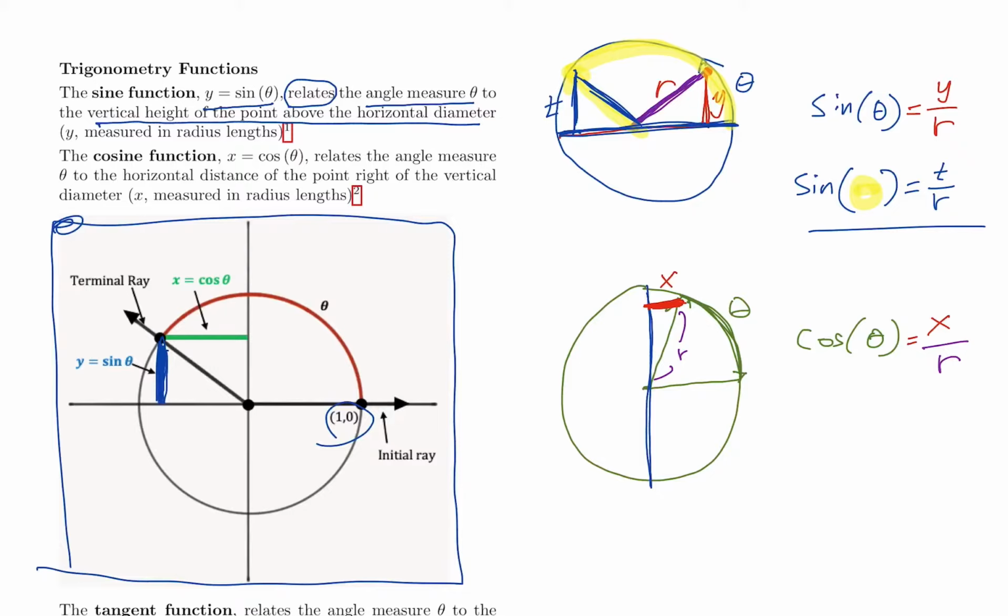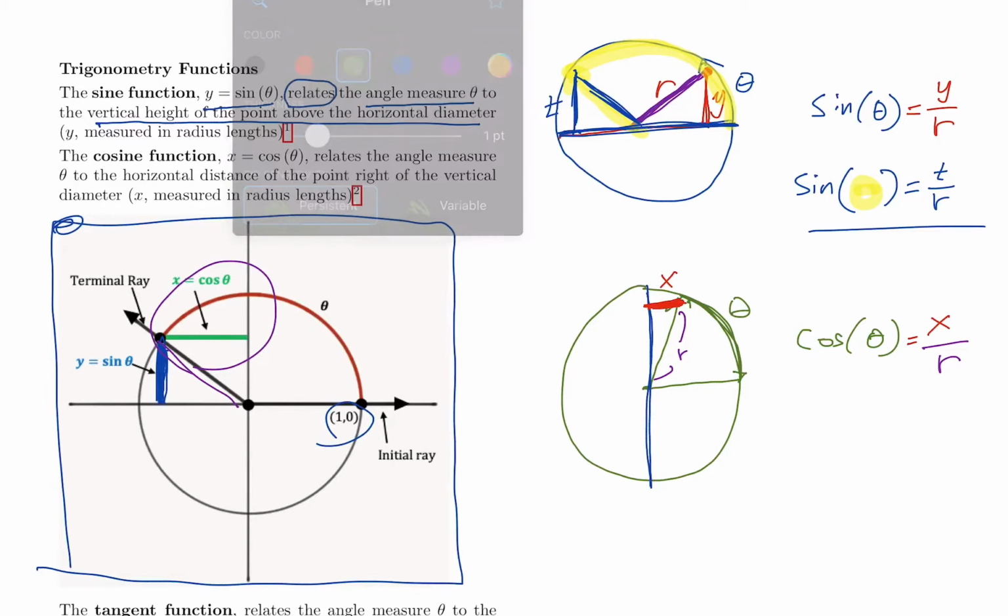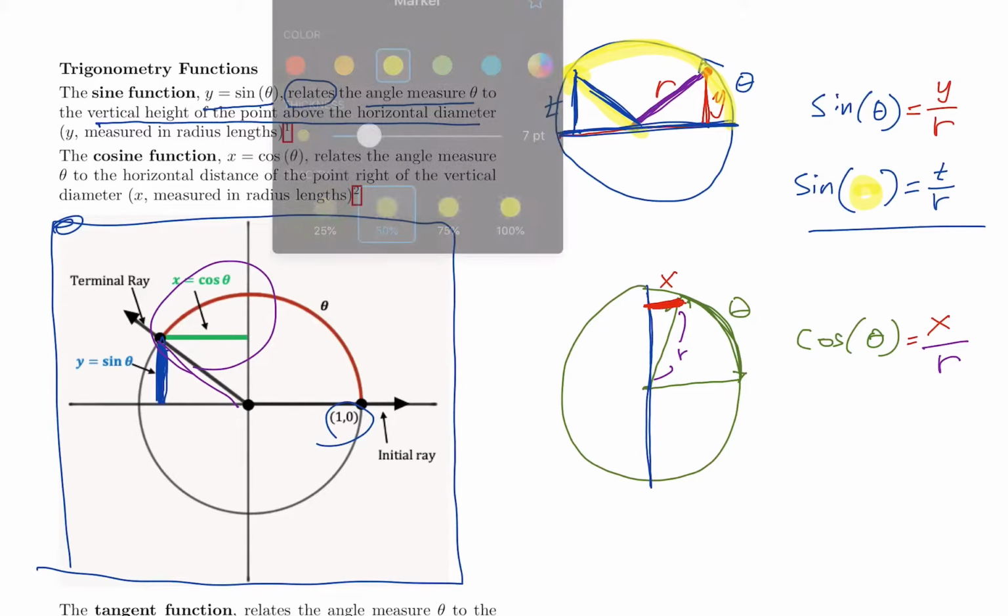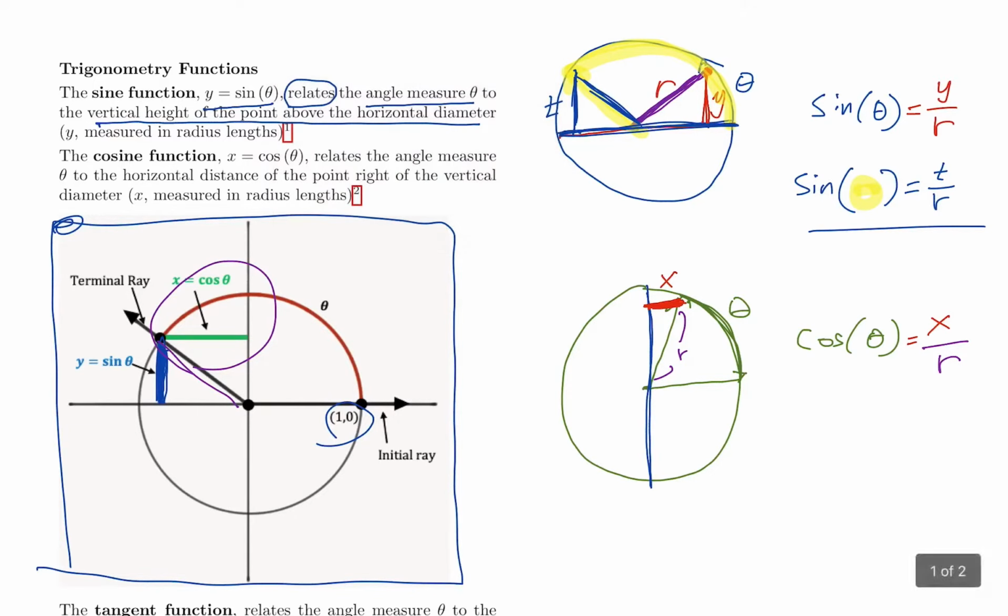Similarly, on unit circle right here, radius is 1, so that's why we just get the horizontal distance. Okay, so let's do one more just to get the conceptual idea. What if I want to measure, let's say, this angle right here for cosine?